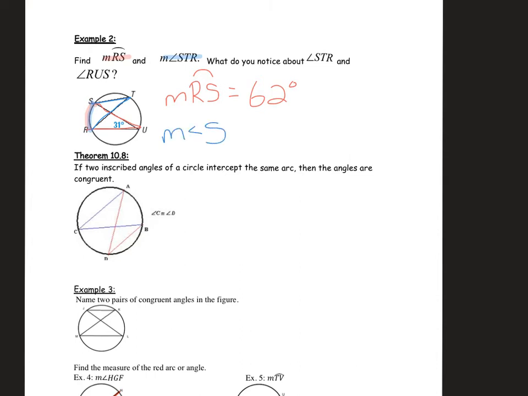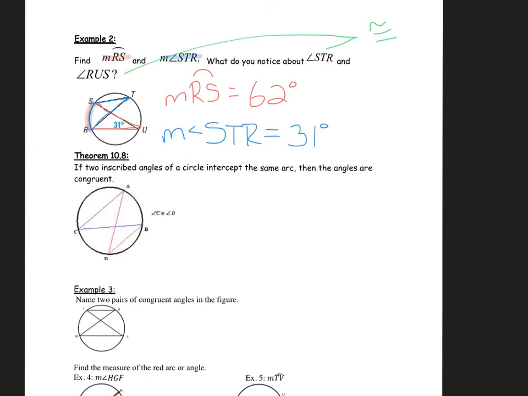So the intercepted arc is the same for both of these angles. I know that the arc is 62 degrees, so if I cut that in half, the measure of the angle is 31 degrees. Hopefully, seeing that outlined and highlighted, you notice that angle STR and angle RUS are congruent.